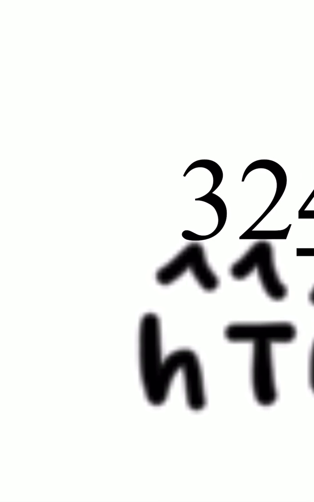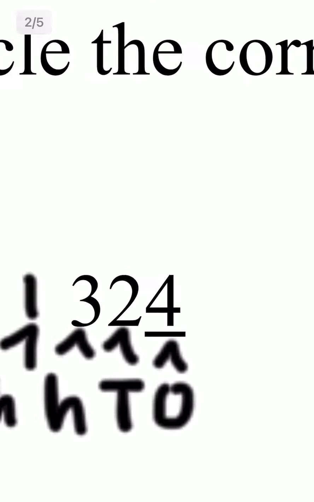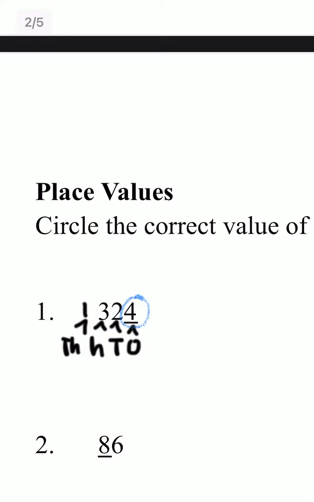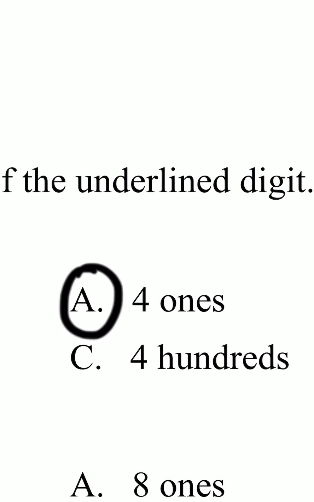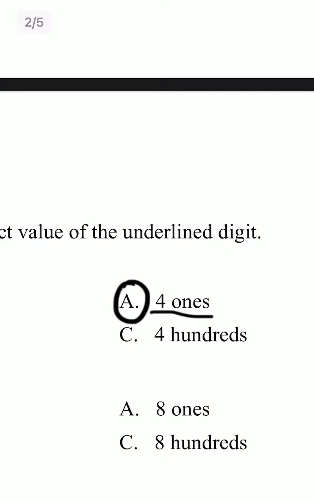And if there's one more number, then this is the thousands place. So the ones place is underlined, so we need to circle A, which is 4 ones.